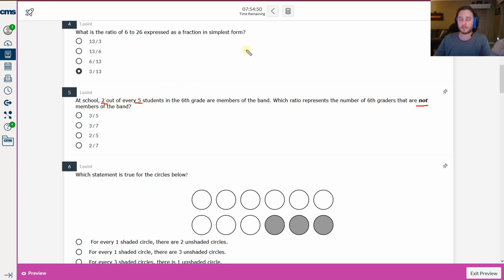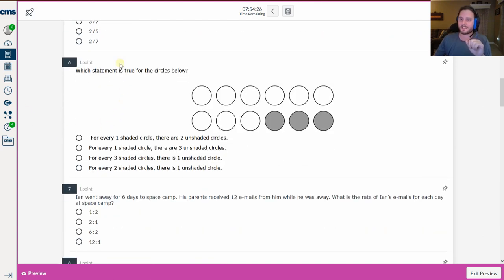Well, so that means the total would be 5, and the number of students who are in the band is 2. Well, that must mean that every 3 people in the 6th grade is not in the band. So that would be 3 out of a total of 5 would not be in the band. So that's the one we wanted.